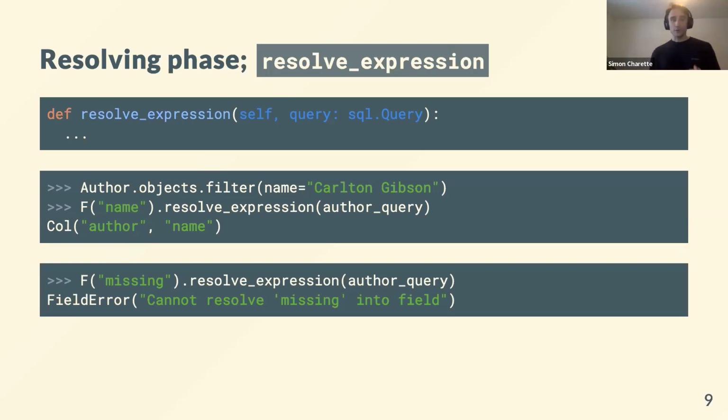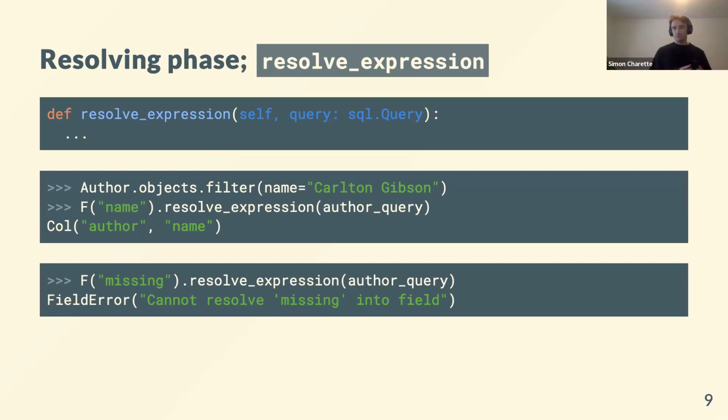So let's take an example. If we look at Author.objects.filter(name="Cotton Gibson"), what we saw previously is that the ORM creates an F name object based on the keyword argument name that you've passed, and it calls the resolve_expression method on it. It's going to resolve the F instance in the context of the Author query.